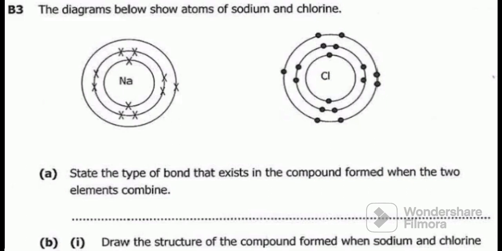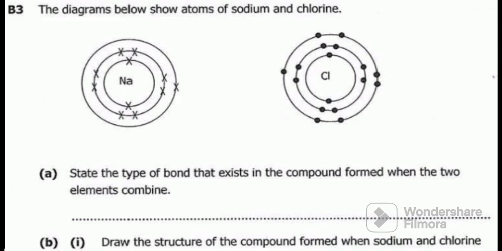This electron in the outermost shell of sodium. Metals are able to lose electrons, while non-metals like this chlorine are able to gain electrons.